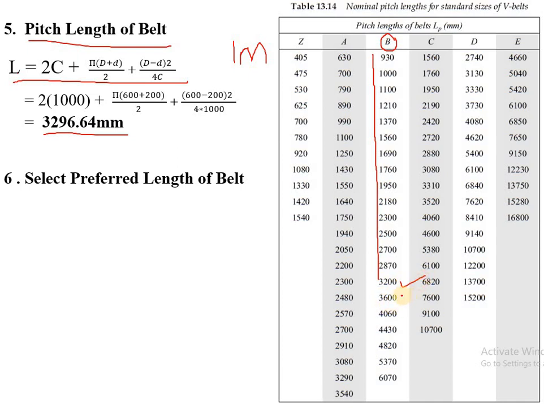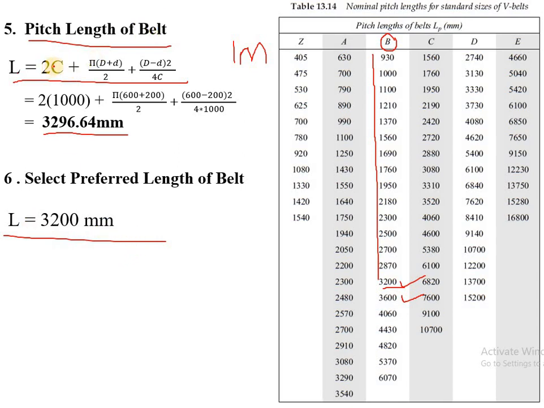Our value is in between these two. Which value will you go for? You will go for the nearest value. 3296 is nearer to 3200, so you will select L as 3200 mm.